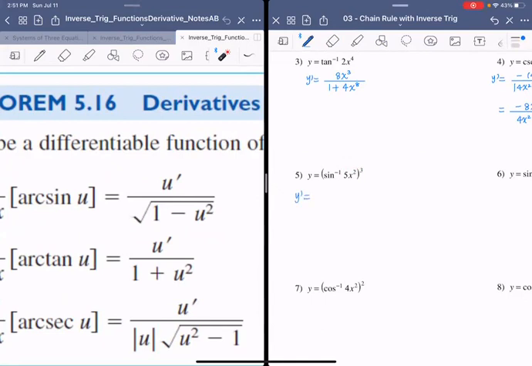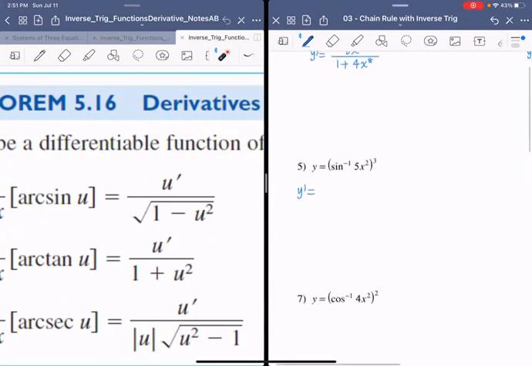So you do 3 times, and then copy all that down, but to the power of 2. Okay, and then we do the inner layer, which is 5x squared, and then that's derivative.